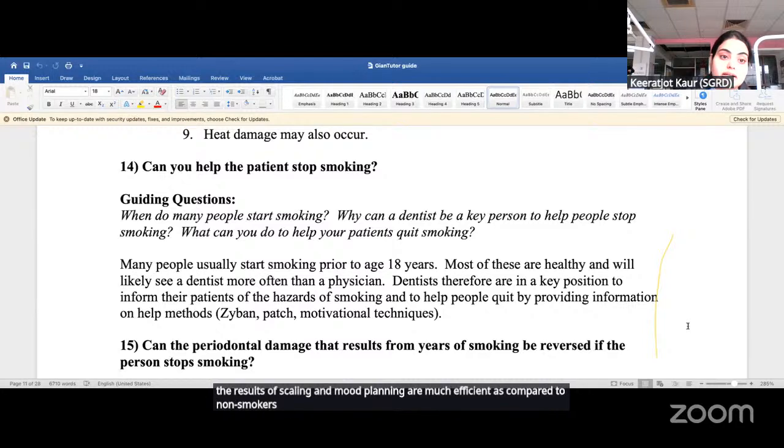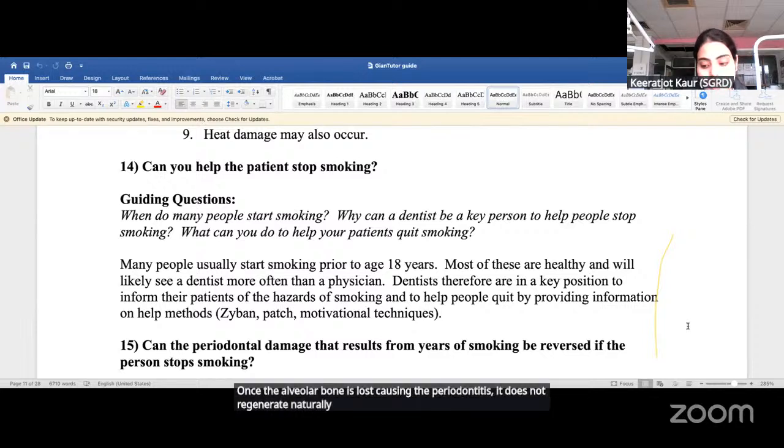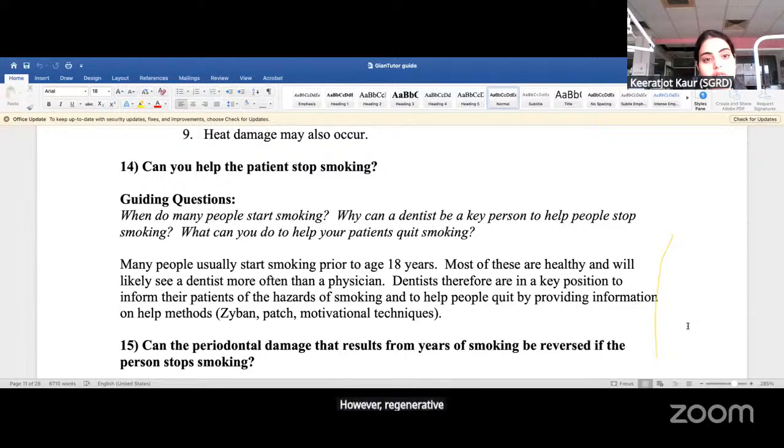What cannot be fully reversed includes the bone loss caused by smoking. Once the alveolar bone is lost due to periodontitis, it does not regenerate naturally and completely. However, regenerative bone graft treatments can be undertaken.